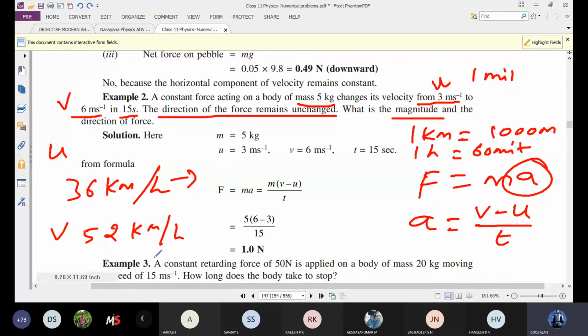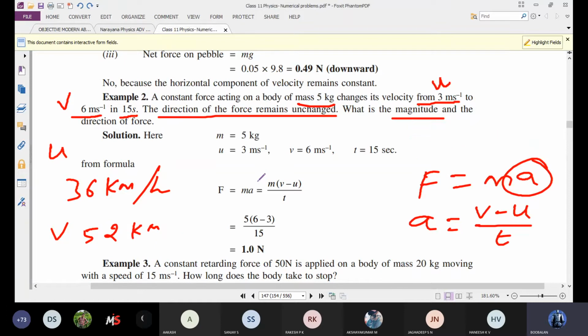Maximum students make mistakes in the conversion process, kilometer per hour into meter per second, meter per second into kilometer per hour. The conversion is very much a must. Just apply the values, you will get the force value 1 Newton, and the direction is also the same direction.